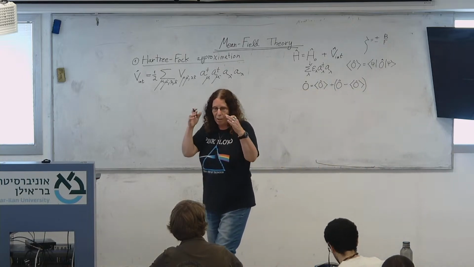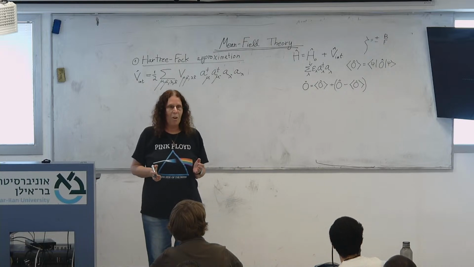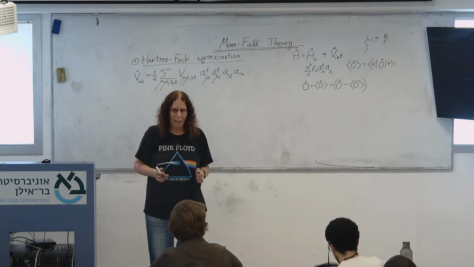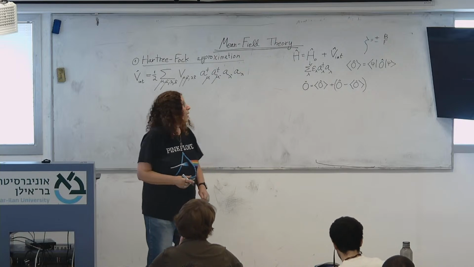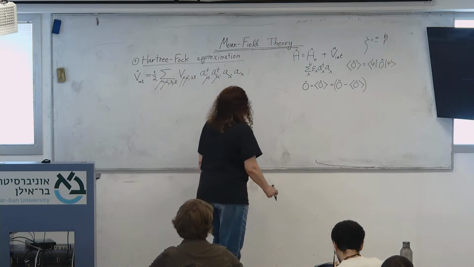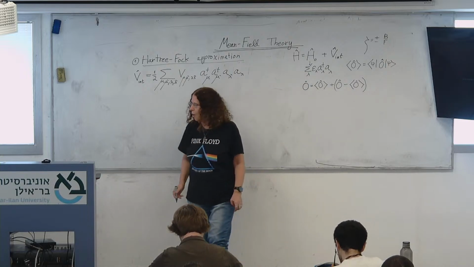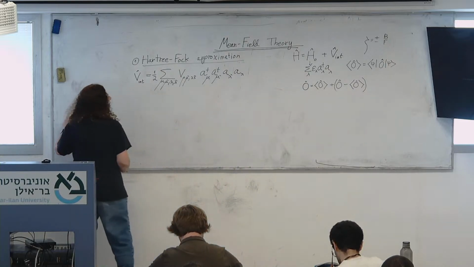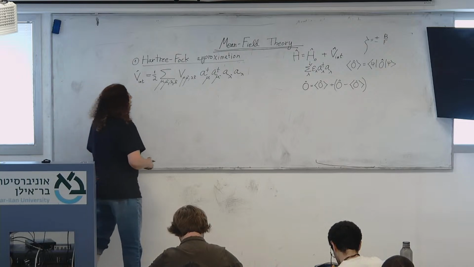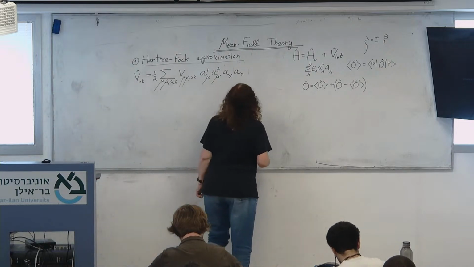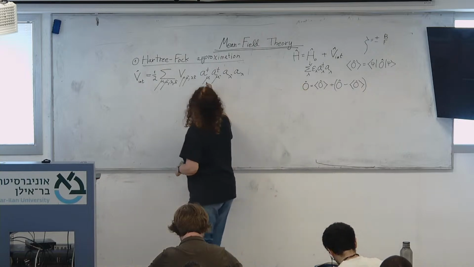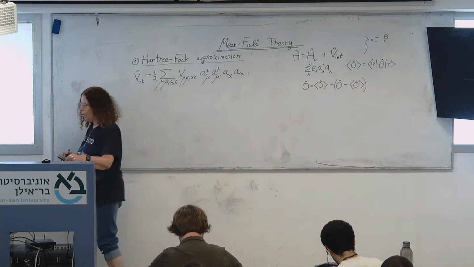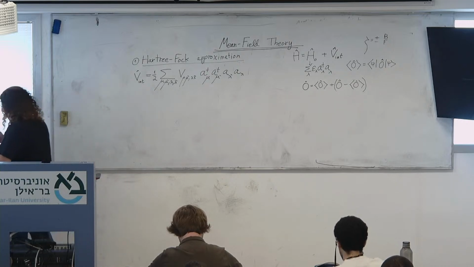So when I say expectation value, I have to tell you which state I'm calculating it in. Okay? And that's very important. Okay? All right. So what do we do in the Hartree-Fock approximation? We basically take this combination of 4 operators.